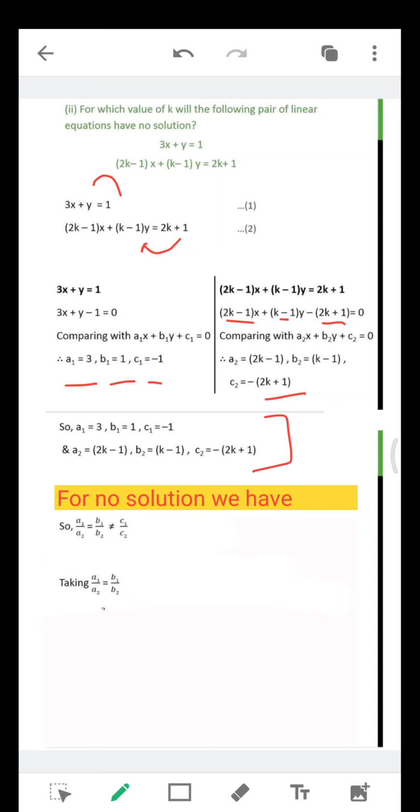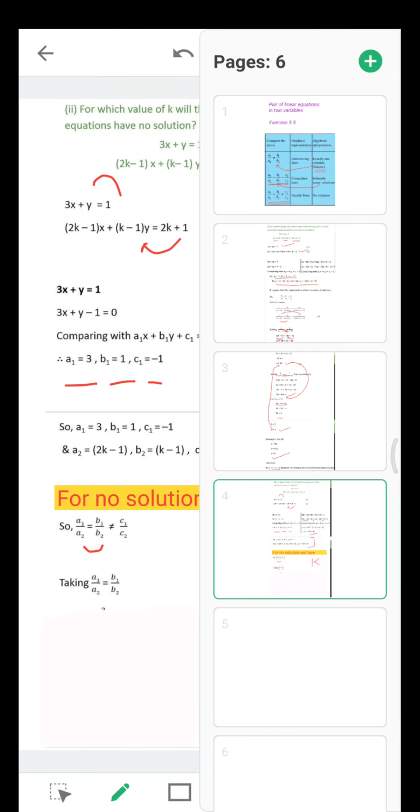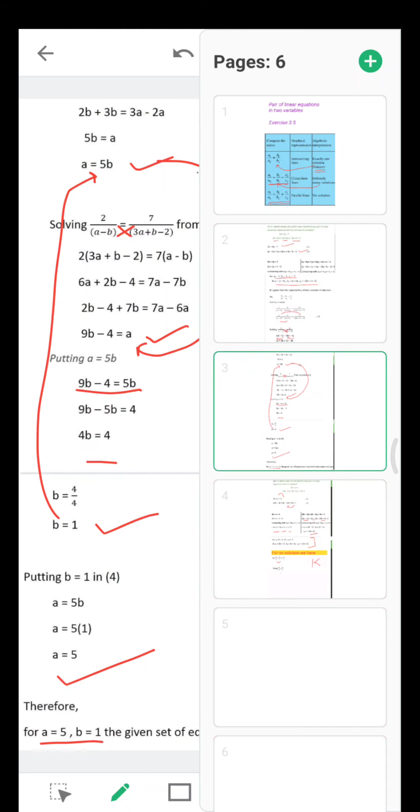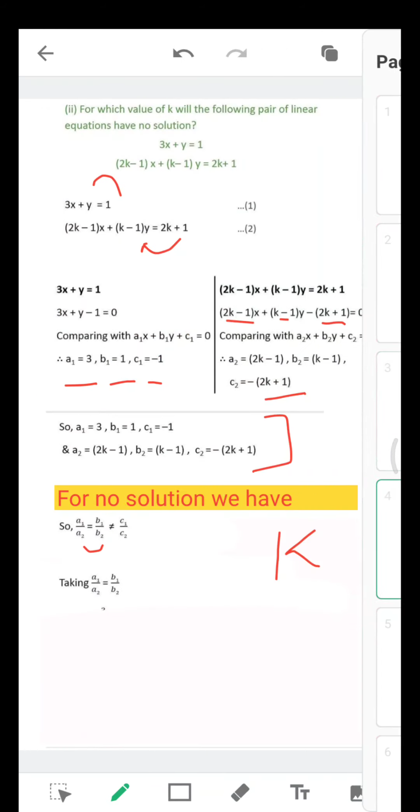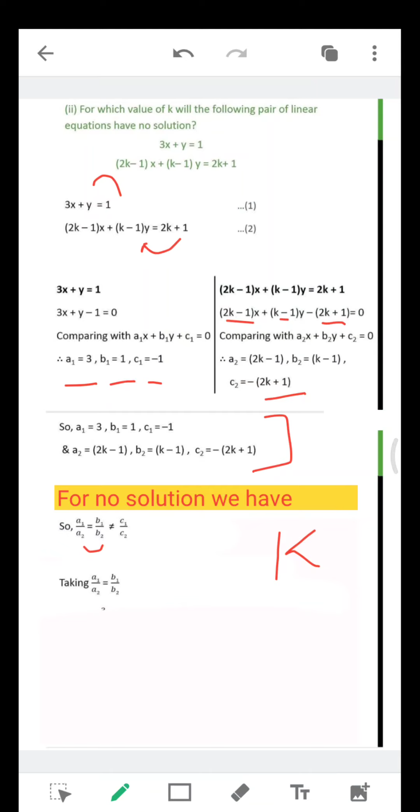For finding the value of k, you can take only the first and second. Because you have to find the value of k, you can find it in any way. As I said before, I gave you the example of a is equal to b, b is equal to c. So using that, I am equating it only by using a1 by a2 is equal to b1 by b2.